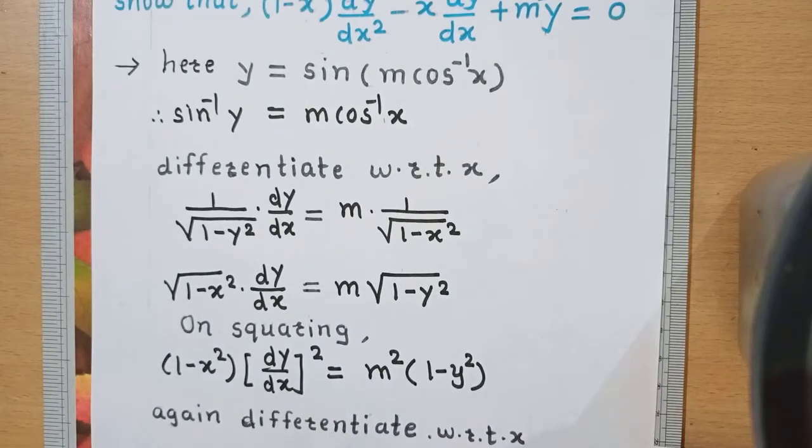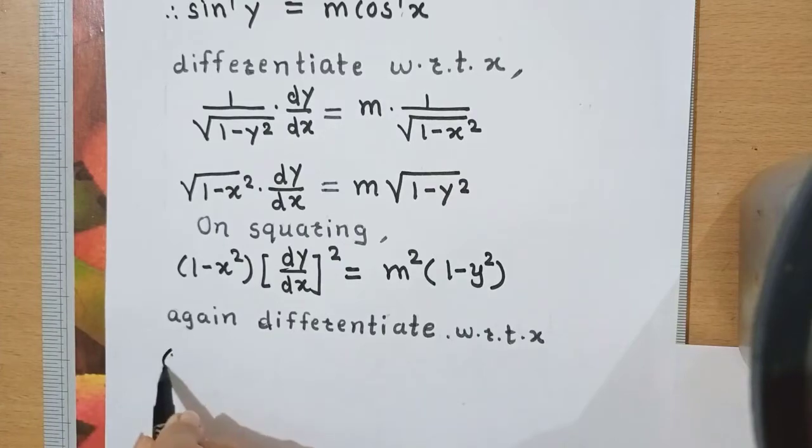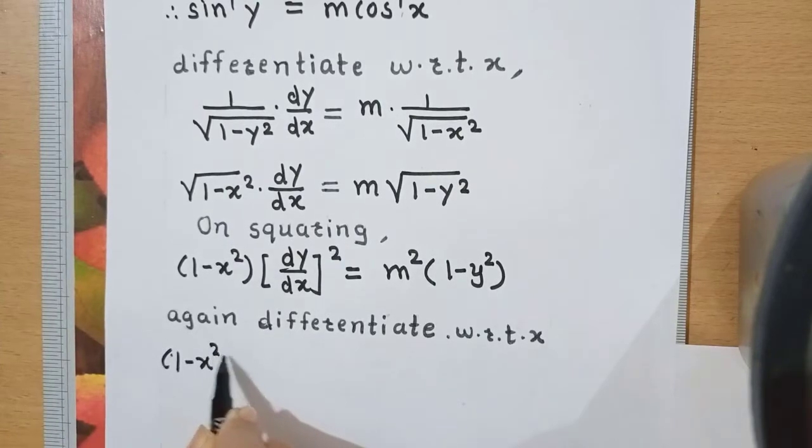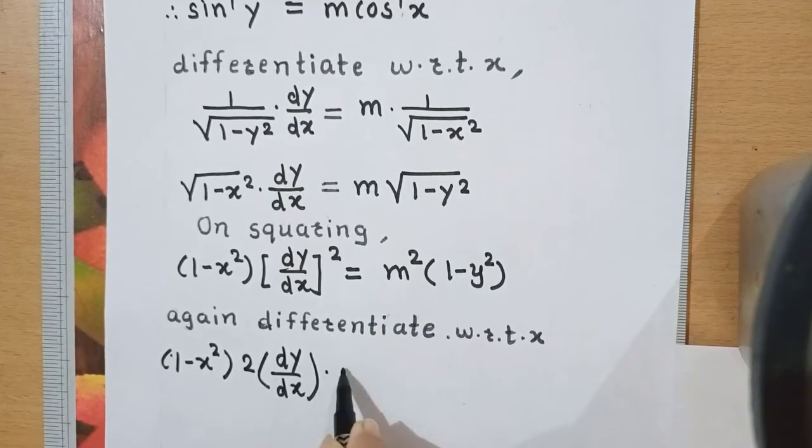Since we want d square y by dx square, we will differentiate this again, and since this is the product of two terms, write down the first term as it is, 1 minus x square, derivative of this is 2 into dy by dx, and again derivative of this is d square y by dx square.